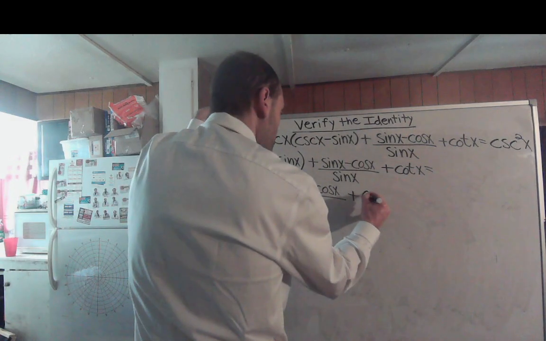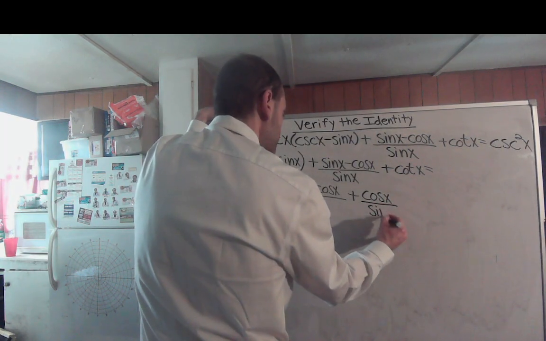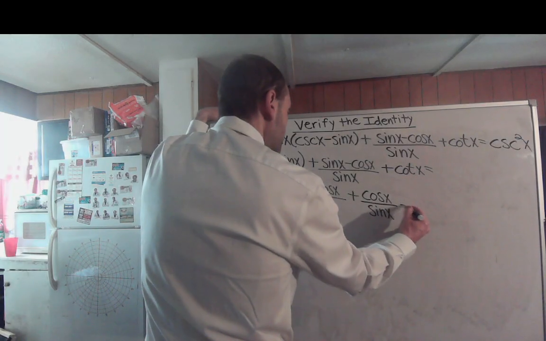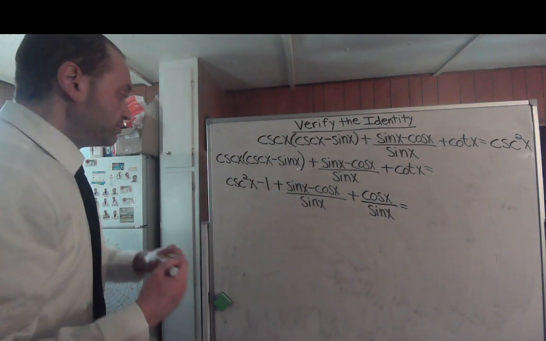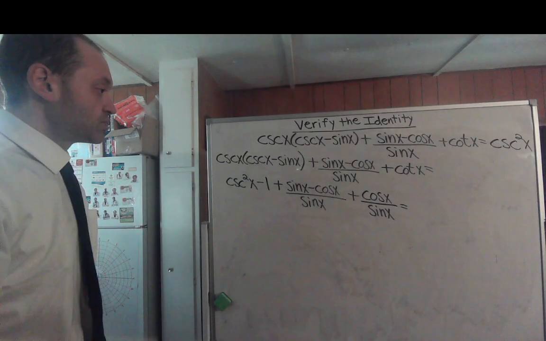That's actually the cosine of x over the sine of x. So what's that going to equal? All right, cosecant squared minus 1.